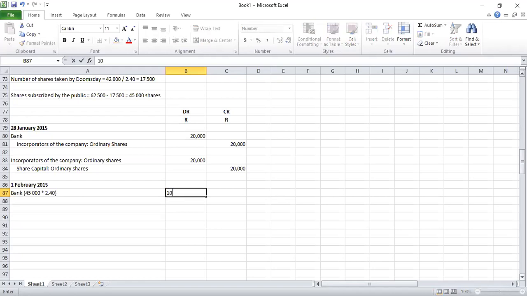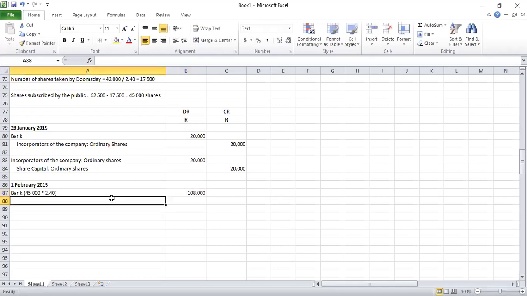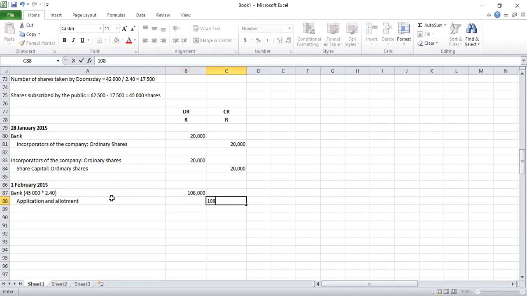Then we credit application and allotment.